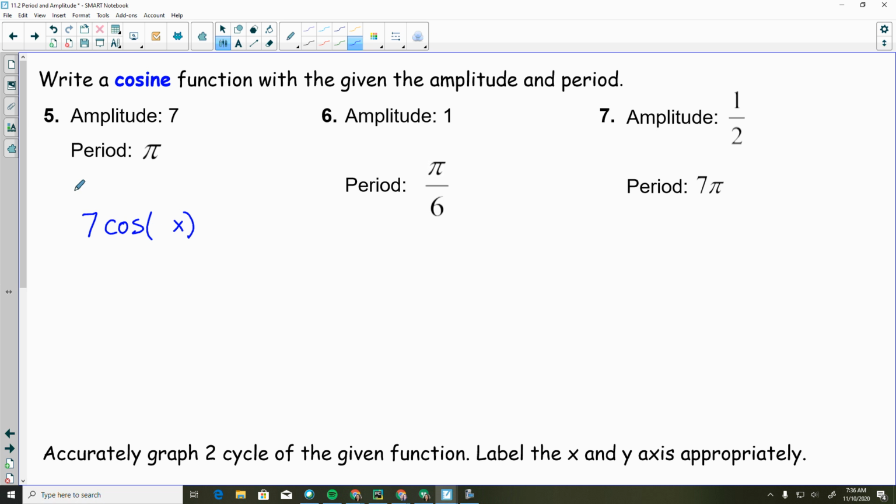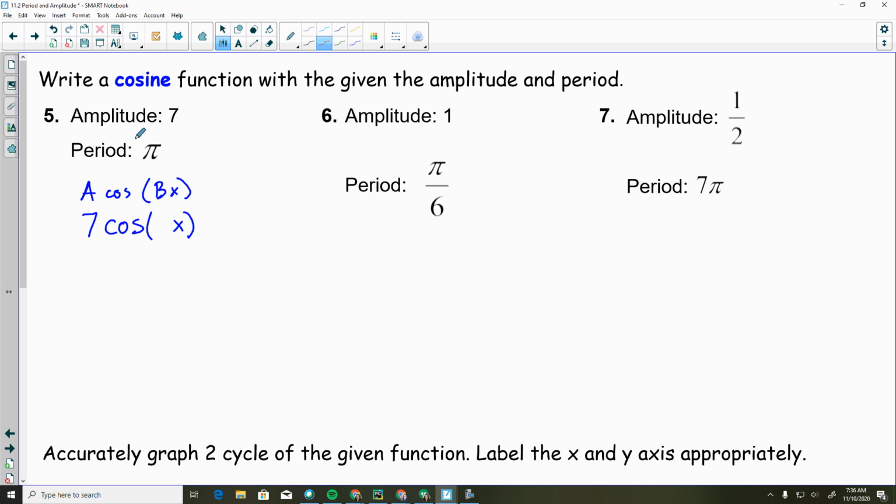And then b, if we remember, we have a here, and then we have b times x inside of it. B would go here. Be careful that you're not taking the period and just plugging it right in there. So I would not just write pi and then call it a day, because the period is different than b.